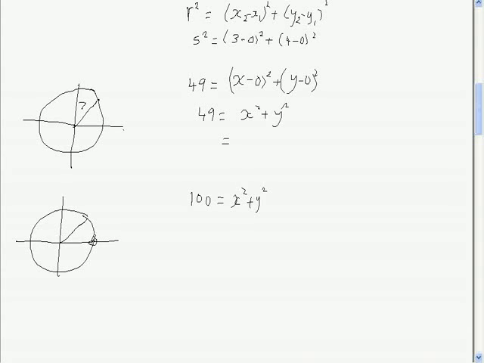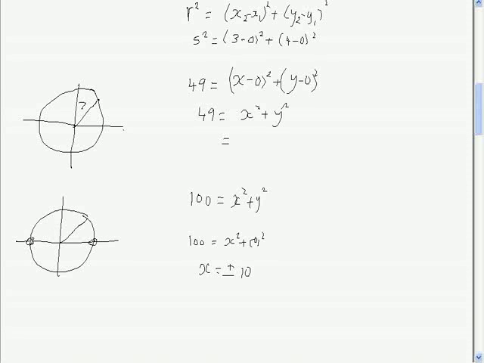So 100 is equal to x squared plus 0 squared, which is just 0, so x is equal to plus or minus 10. So when y is equal to 0, the x coordinate is positive 10 or negative 10. That's why you have a plus or minus, to show you there are 2 points on the circle.